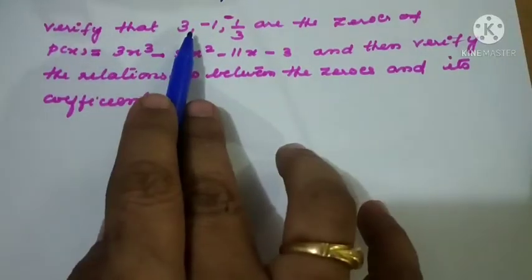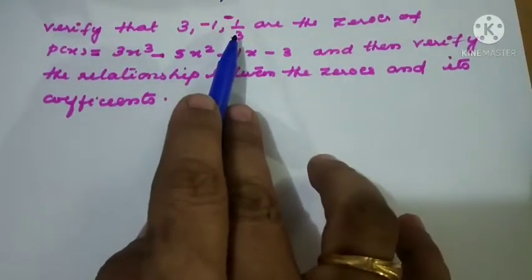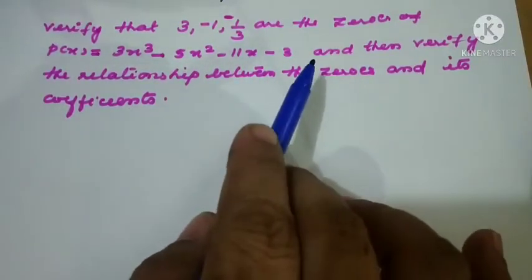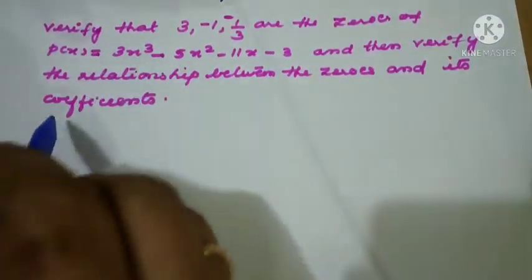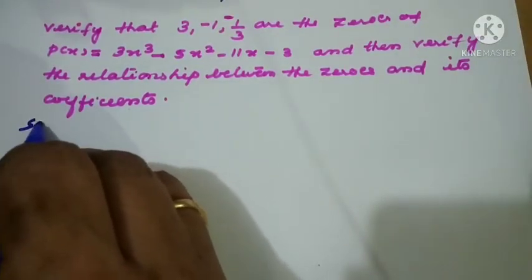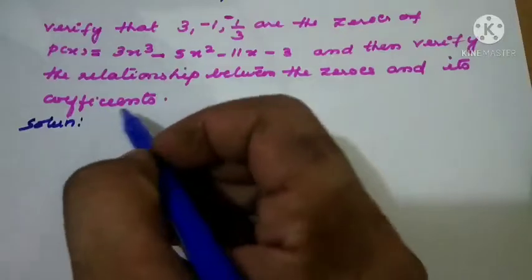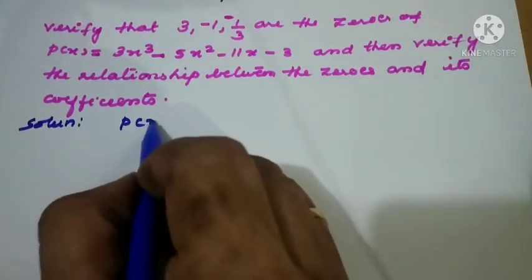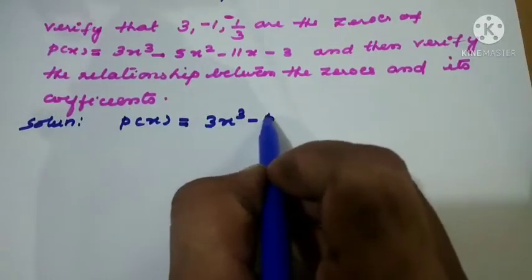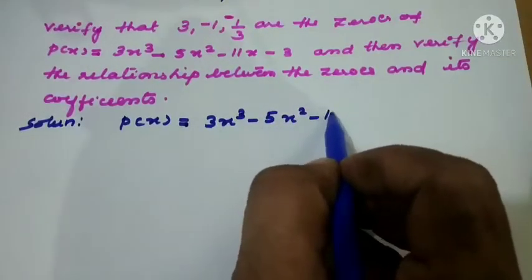Verify they are the zeros or not, we should check, and also verify the relationship between the zeros and its coefficients. So first we will verify that one. For the solution, what we must take down first: p of x equals 3x cube minus 5x square minus 11x minus 3.